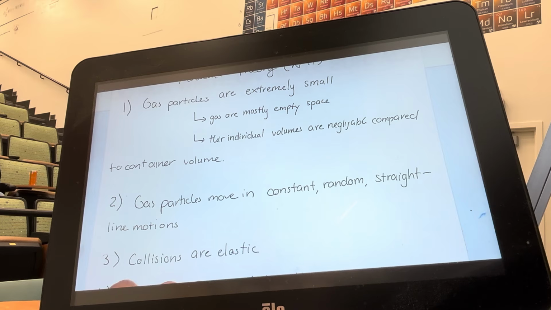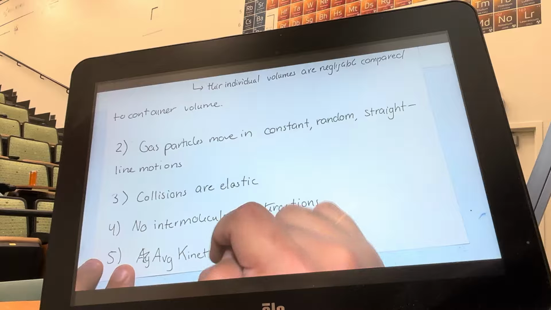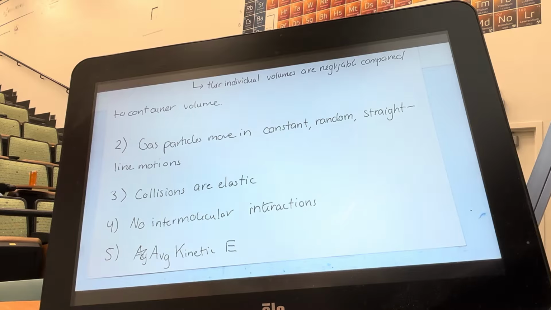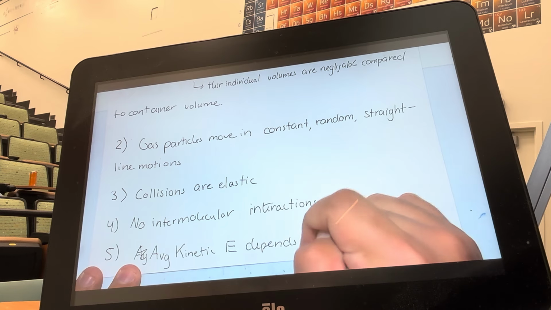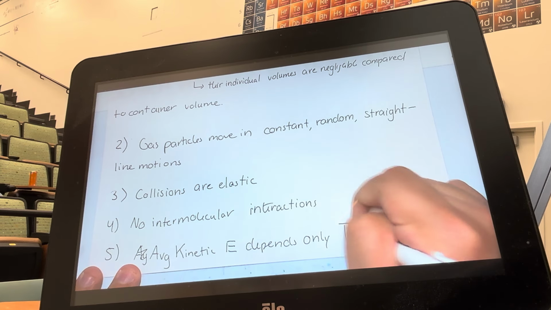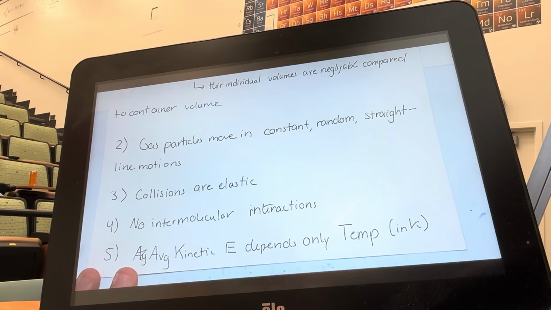And this is my favorite. The average kinetic energy depends only on temperature, and in Kelvin is a caveat here. Okay.